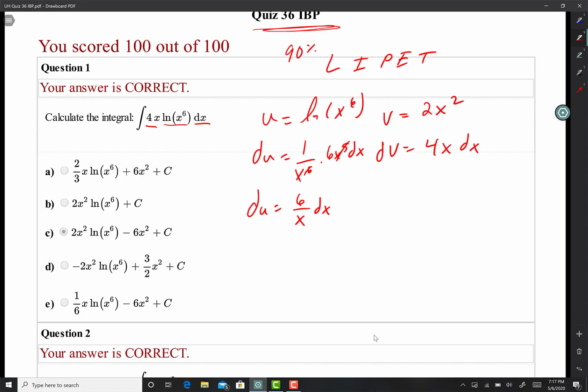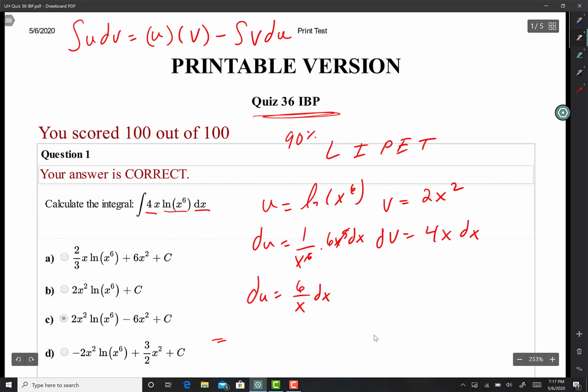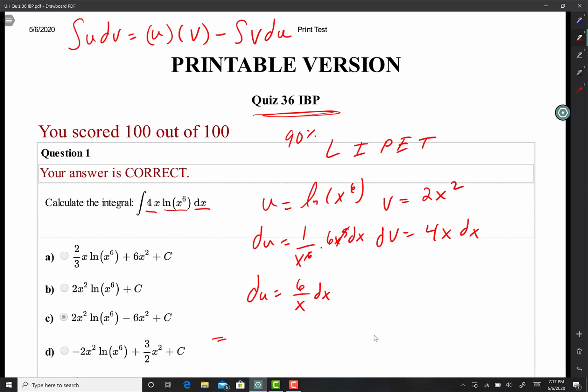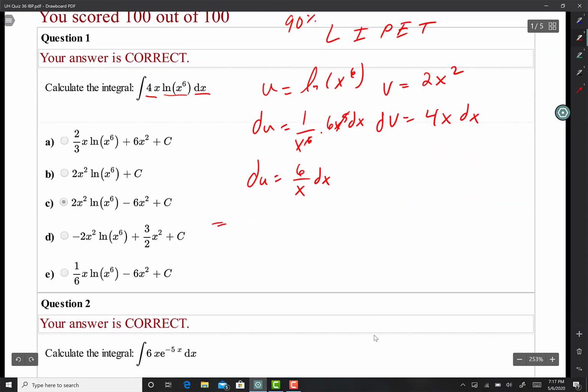And now here we go. According to my formula, the integral of u dv is the same thing as uv minus the integral of v du. So u is ln of x to the 6, and v is 2x squared, minus the integral of v du, where v is 2x squared and du is 6 over x dx.